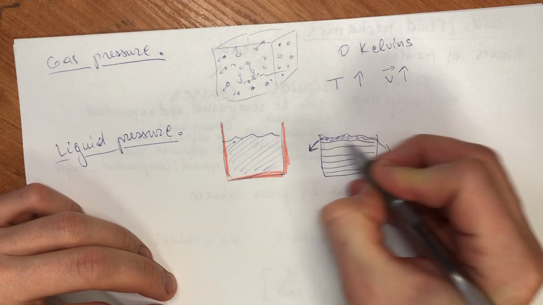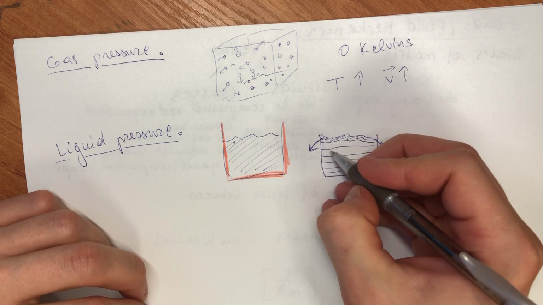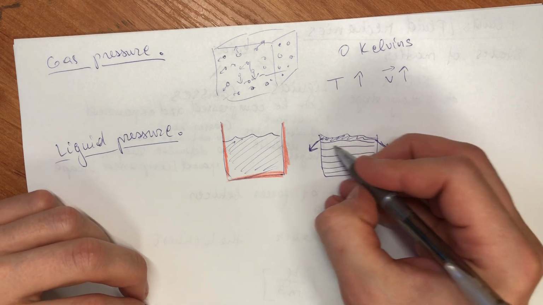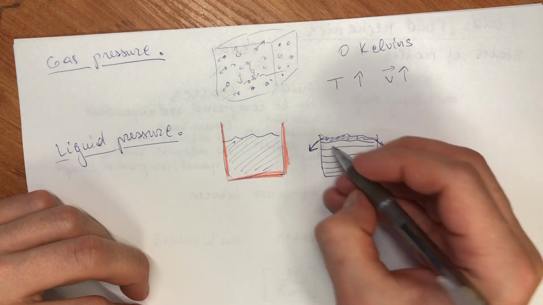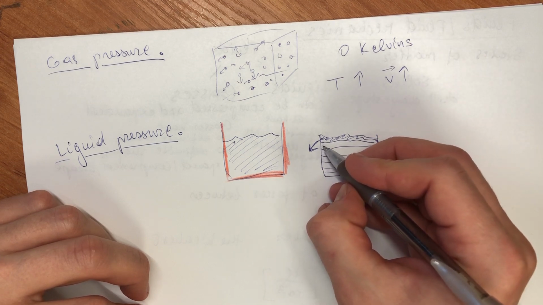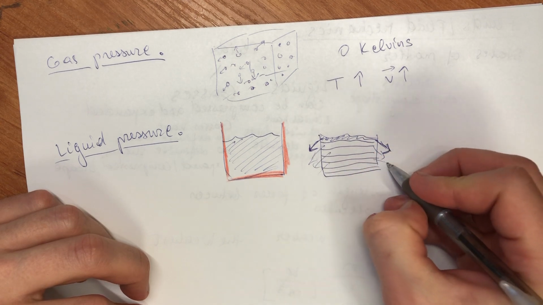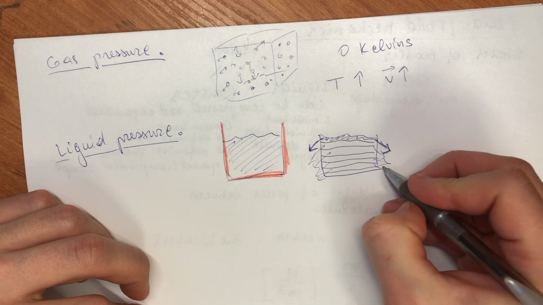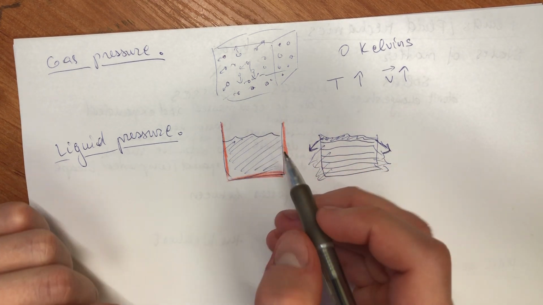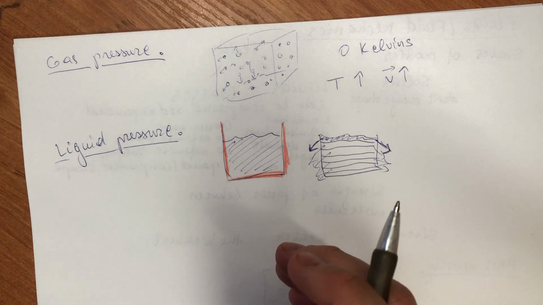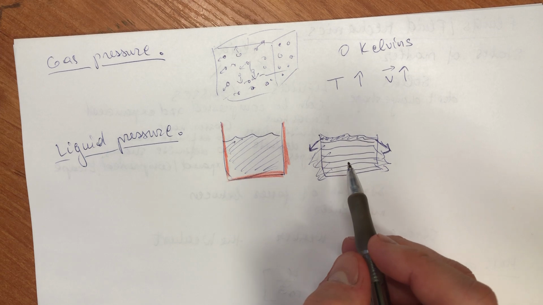They cannot produce sidewise forces to support themselves. So that's why this structure collapses, and these layers fall down, collapse, and that's why we don't have this shape of water that is in the container.